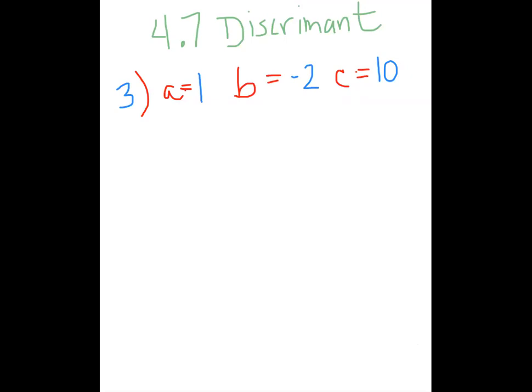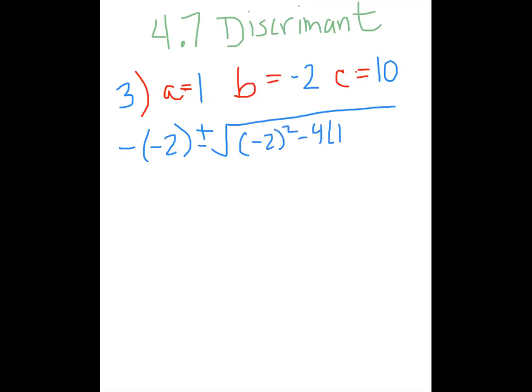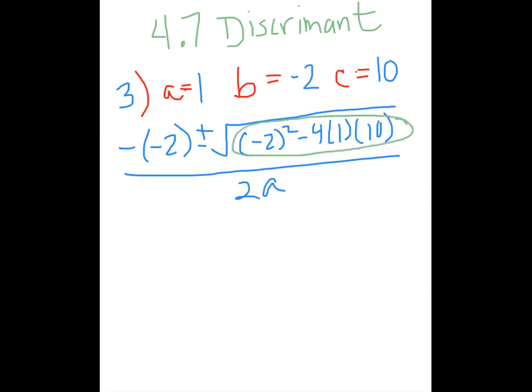So the formula would say the opposite of B, so the opposite of negative 2 plus or minus the square root of, in parentheses, negative 2 squared minus 4 times A, which is 1, times C, which is 10, all over 2A. Okay, so on this one, when you type in parentheses, negative 2 squared minus 4 times 1 times 10, you should get negative 36.